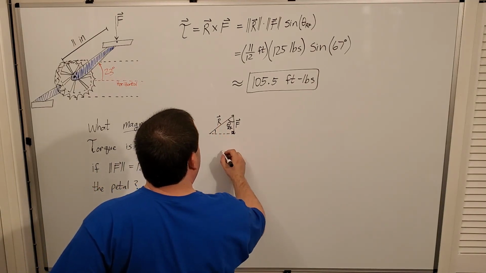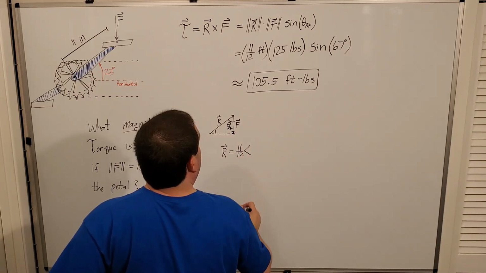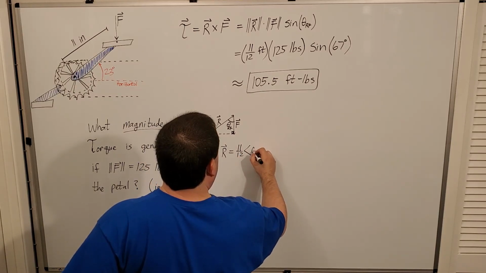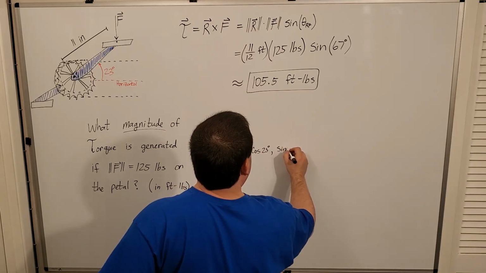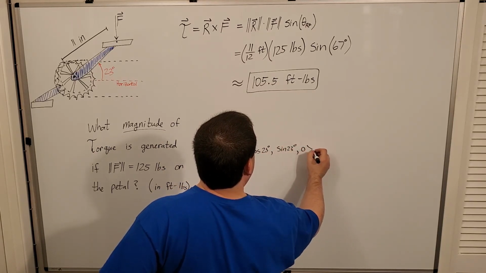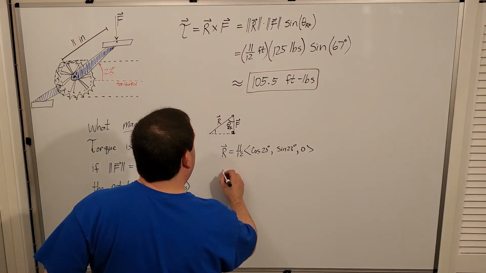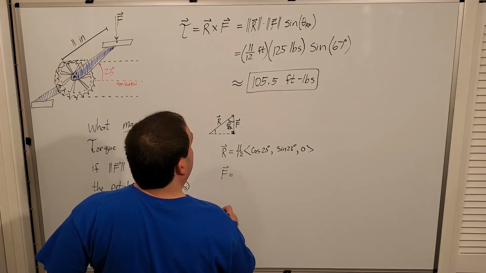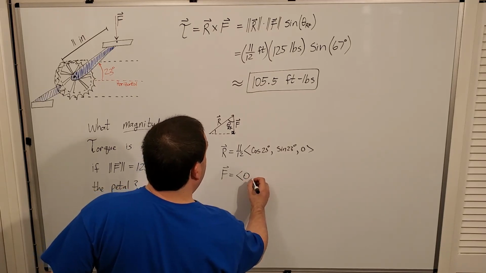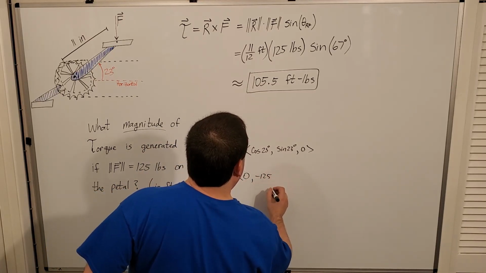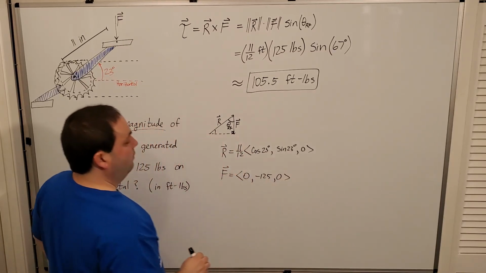R would have to be the vector with 11/12 times the cosine of 23 degrees and the sine of 23 degrees and 0. And then the f vector would be 0 in the x, right? Negative 125 in the y, and 0 in the z direction.